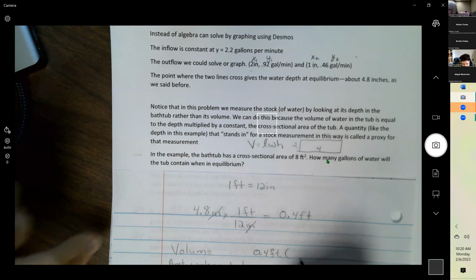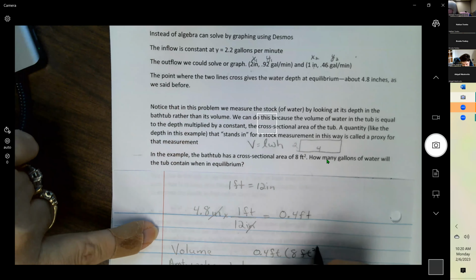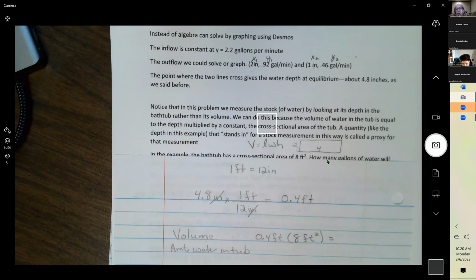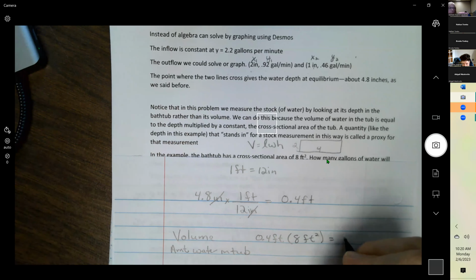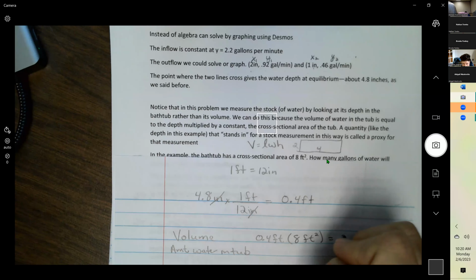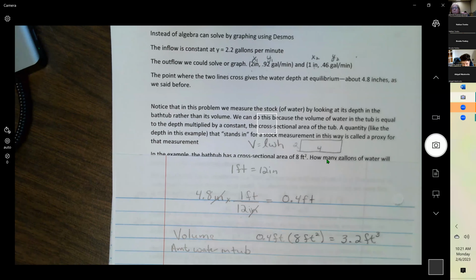We multiply by the area, which we said was 8 feet squared. So it's 3.2 cubic feet. Any questions on that?